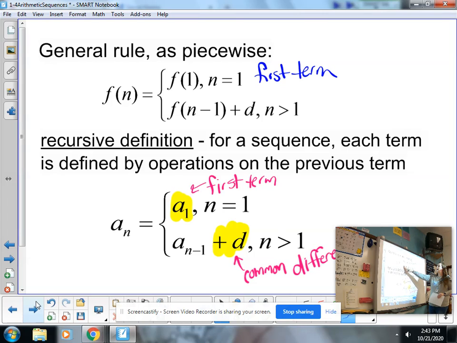Then you are going to have f of n, whatever term you're trying to find, is equal to the term right before it. So if I'm trying to find the 7th term, I need to know the 6th term. If I want to know the 20th term, I need the 19th term, plus the common difference. And this is for all the n's greater than 1.